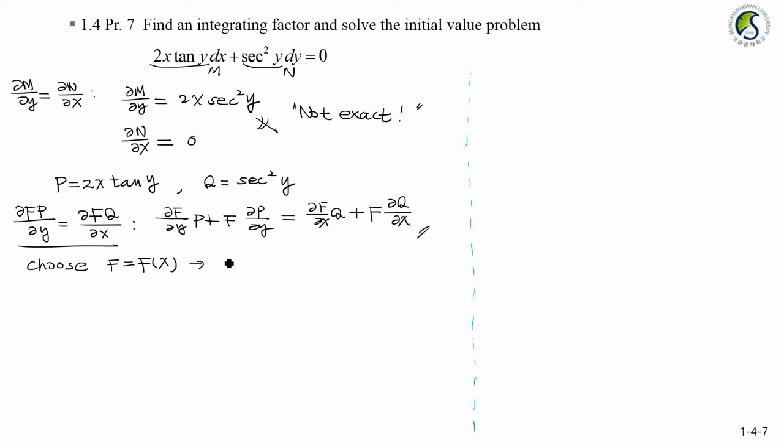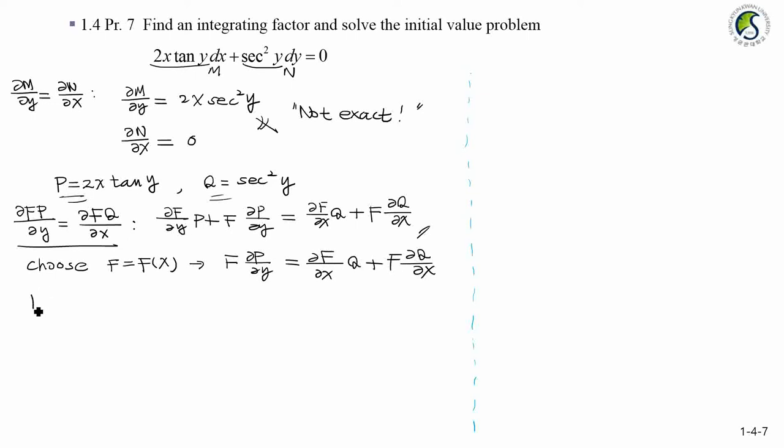We can get rid of the term, so the rest is f dP over dy equals df over dx Q plus f dQ over dx. We have P and Q here, so we can substitute those into here.